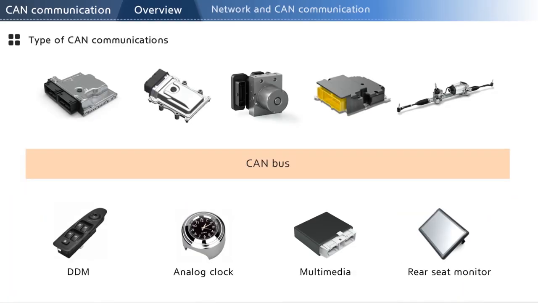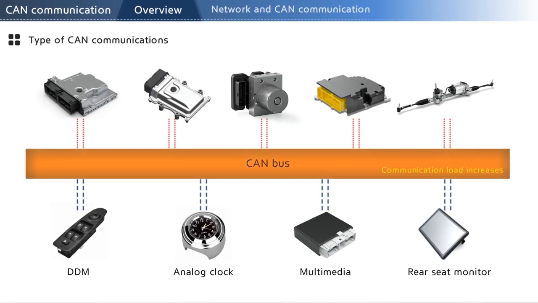We learned that the CAN communication is capable of processing a large amount of data at a high speed. While the speed is an advantage, the number of controllers equipped in a vehicle is increasing dramatically, and connecting all the connectors to one CAN bus will be overwhelming. Imagine heavy traffic in a single-lane road.